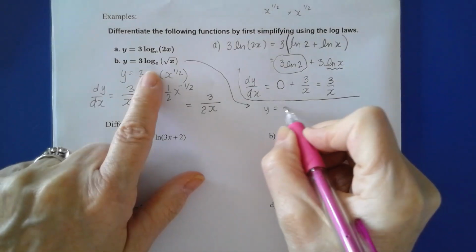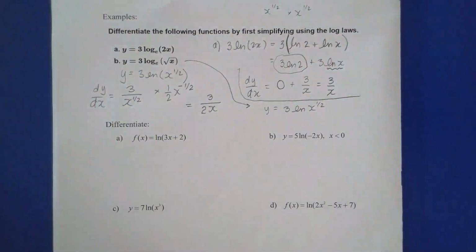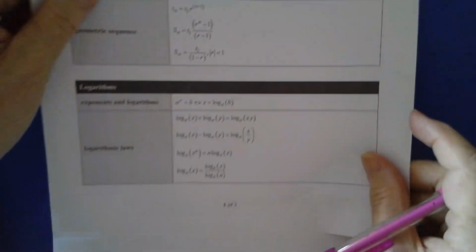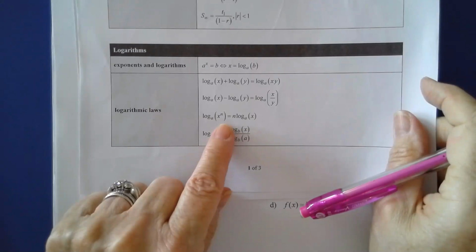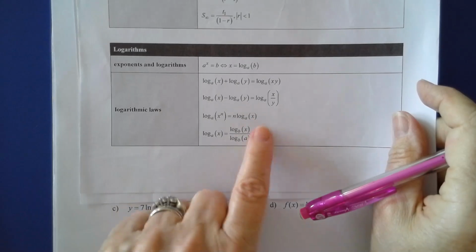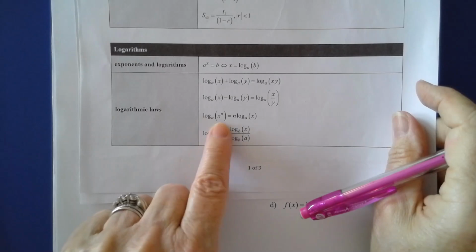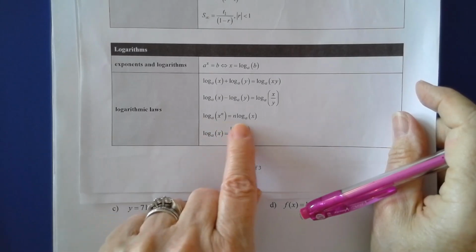How about y equals 3 ln x to the half, and using this rule here, where you can take the power down the front. See it? So I have this situation, and I'm going to turn it into that situation.